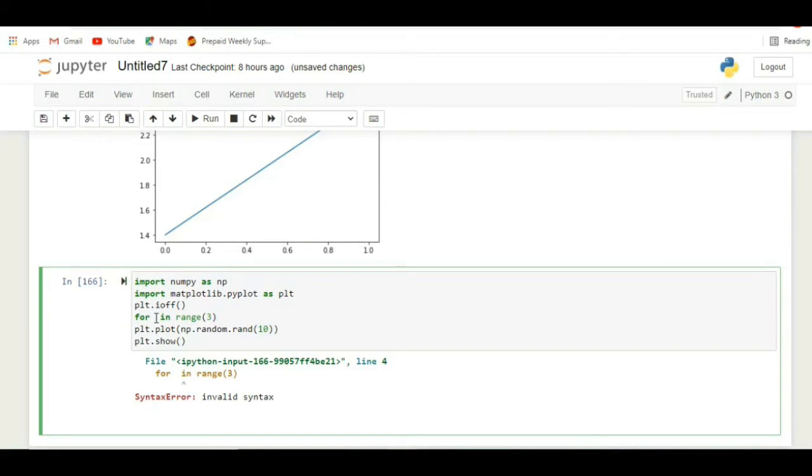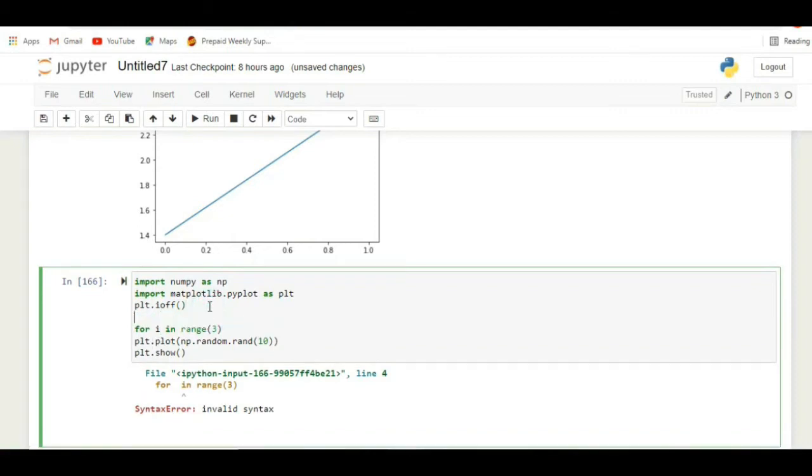You know that in coding, a single word, if it is wrong or does not exist in the library, then you can't get the required result. So we have to remove it, and then Control and Enter.